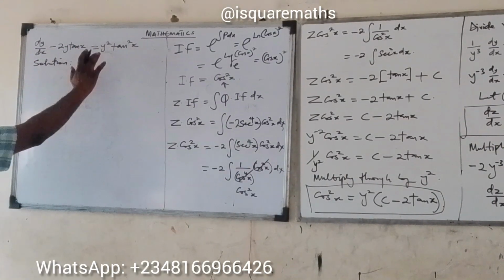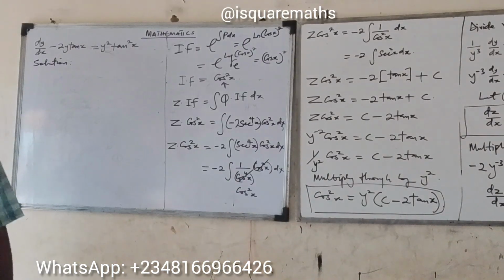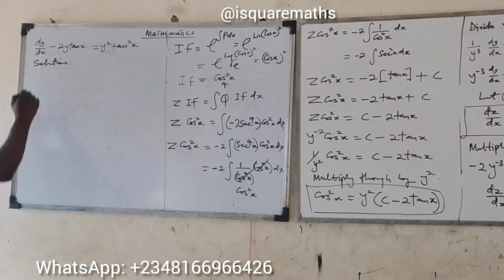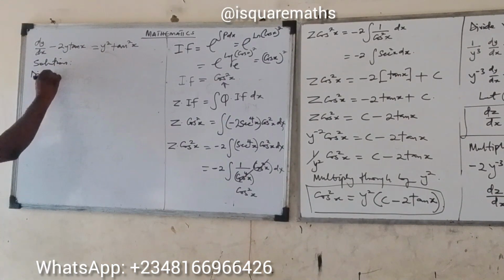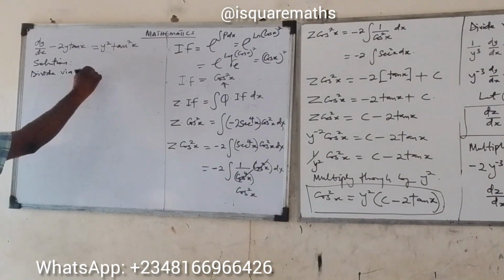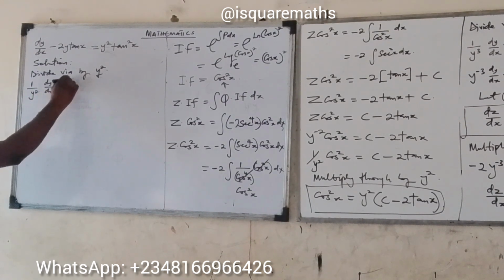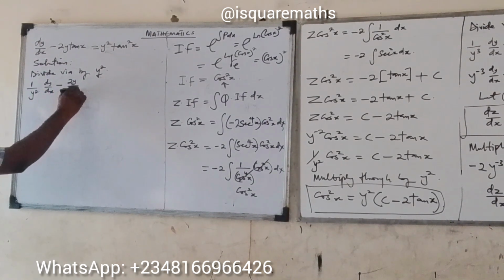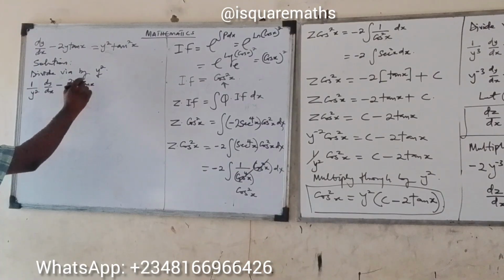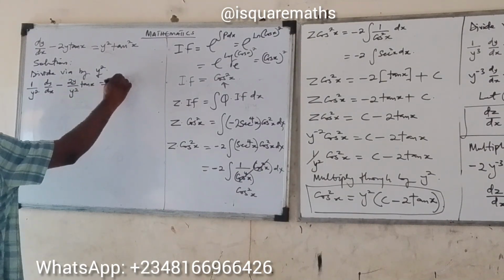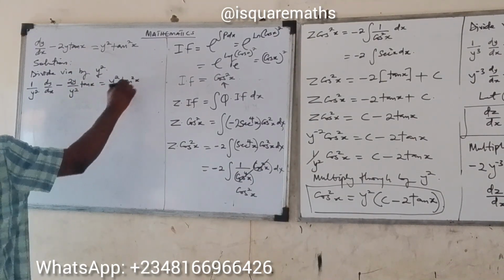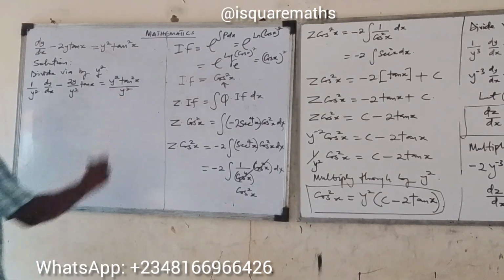Now the first step is to divide through by the coefficient of tan square x. It means we divide through by y square. When you divide through by y square, we have 1 over y square, dy/dx, minus 2y over y square tan x is equal to y square tan square x over y square.